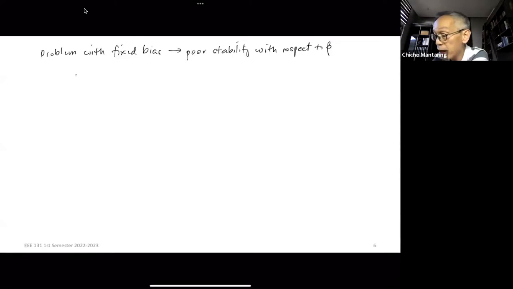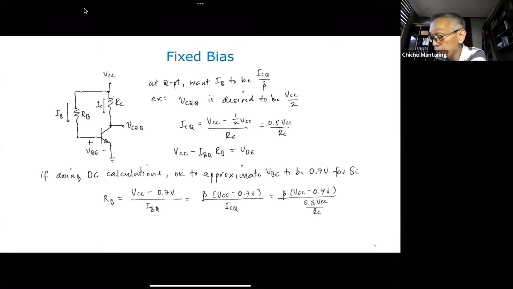I sub B is equal to VCC minus VBE over RB. That's from this. I sub B is VCC minus VBE over RB.